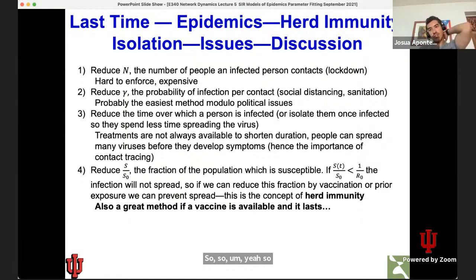Some of these measures will allow you to reduce the fraction of the population that is susceptible. Vaccination, for example, does that as well.